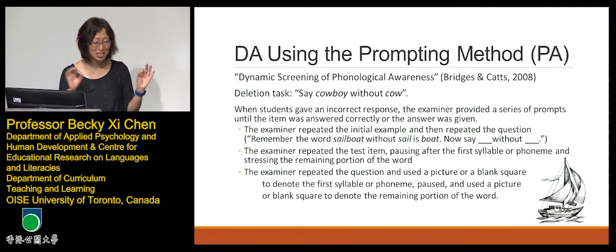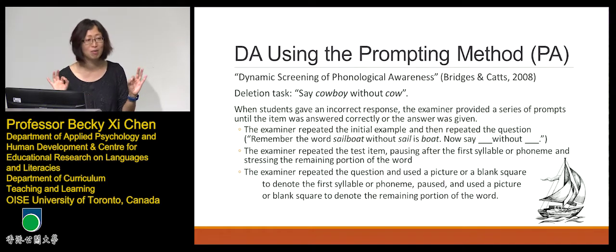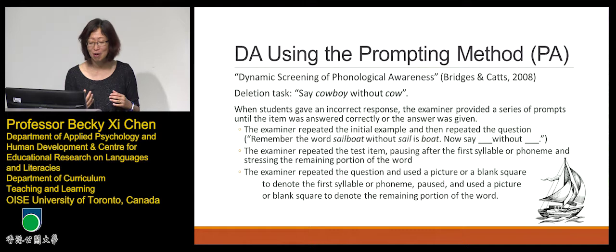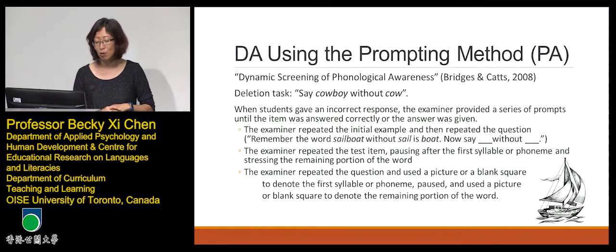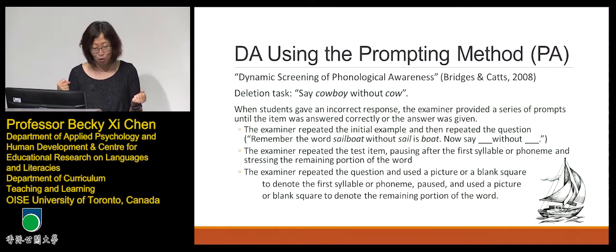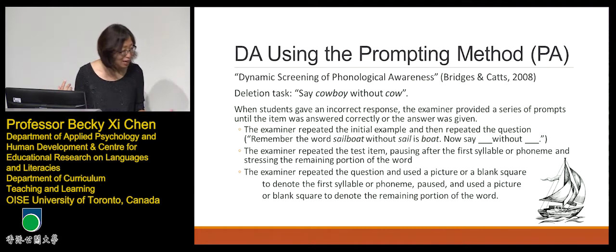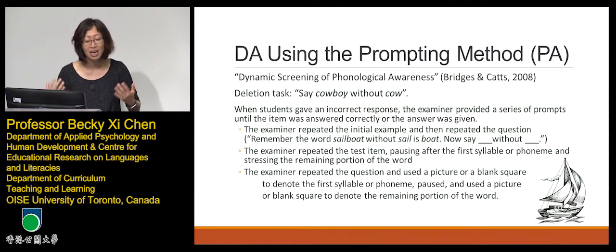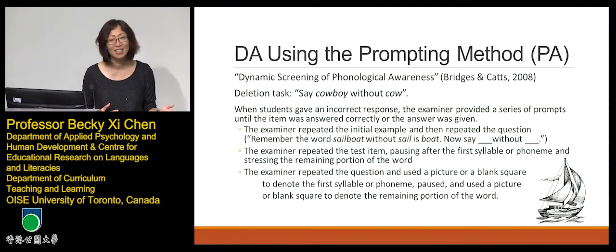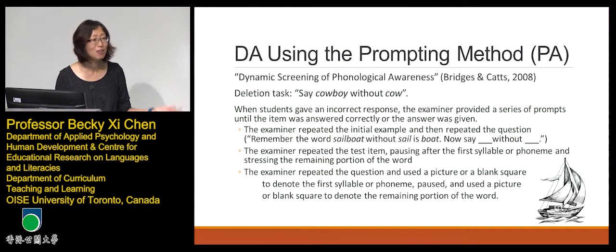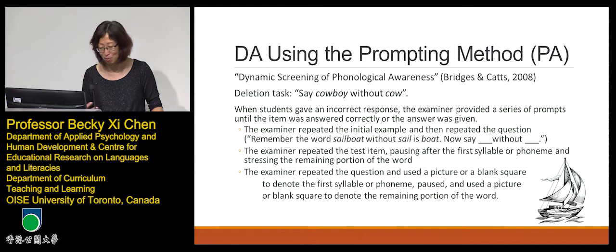So you stress the 2 syllables, to make it easier for them to remove the first syllable. Or say sailboat without sail. So they may be able to get it. If they get it, you stop there. If they still can't get it, you can give them another prompt.